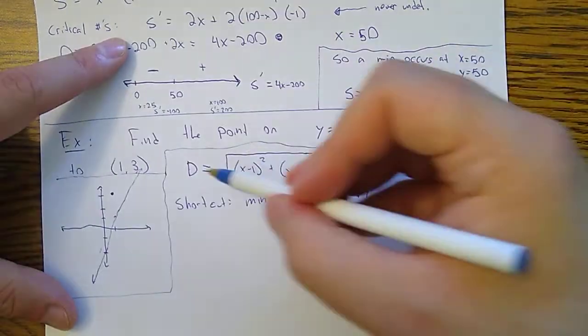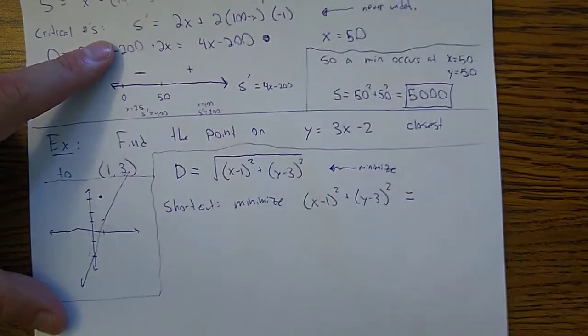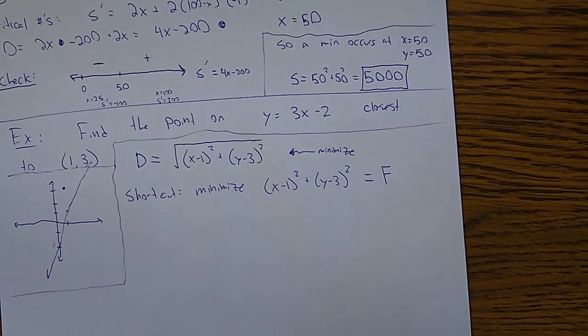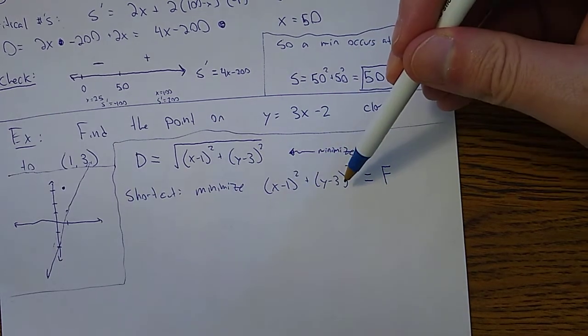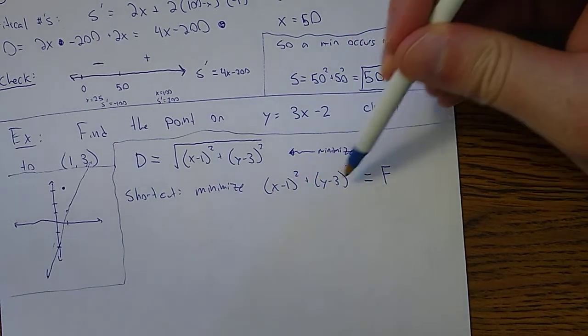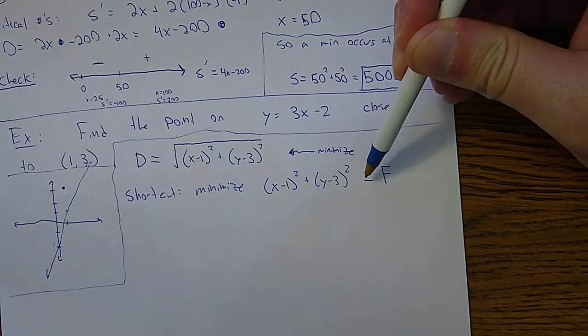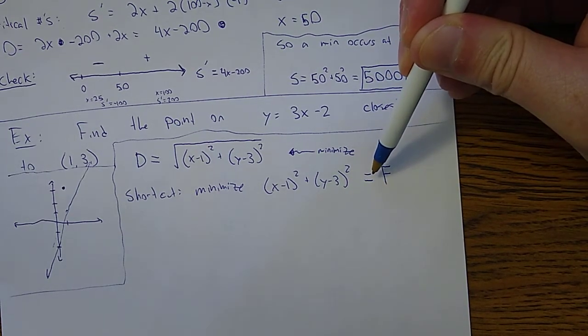So let me give this a name. Of course, it's just d squared, but maybe let me give it a better name than that. I don't know, f. So once again, this is what we're trying to minimize, but we want this in terms of just one variable. So how do we get this in terms of just one variable?